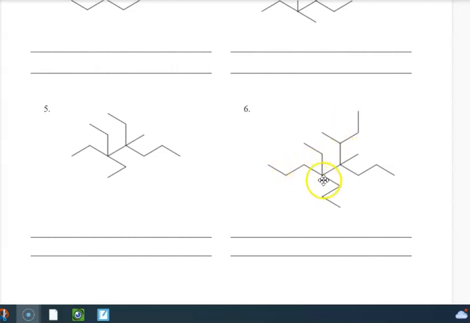So 1, 2, 3, 4, 5, 6, 7, 8. So this here is a 2 carbon, so put an E there. This is a 1, 2, 3 carbon. You remember what our 3 is? That's our prop, isn't it? Over here, we have 1, 2, 3. There's another prop. This is a meth, and that's a meth.